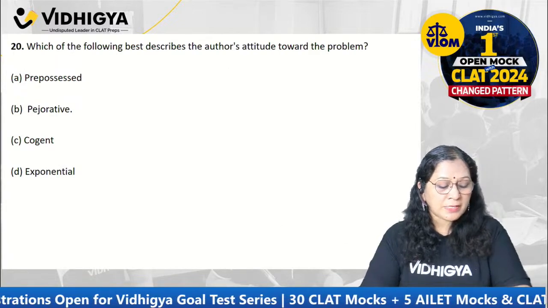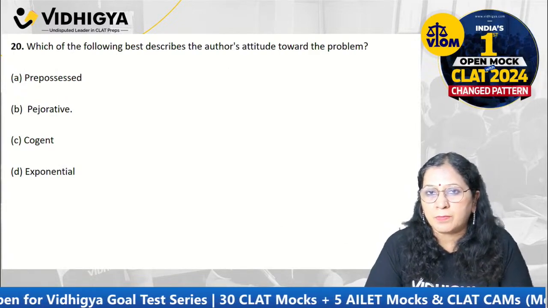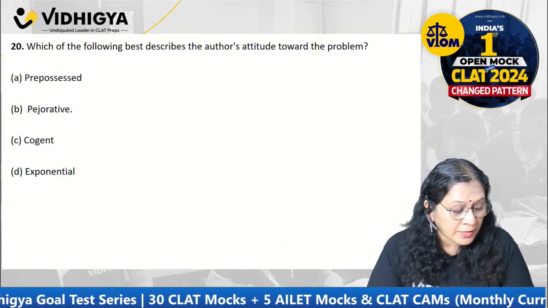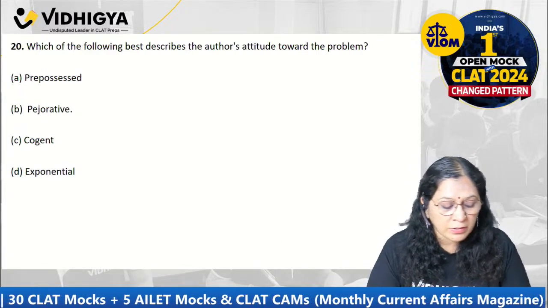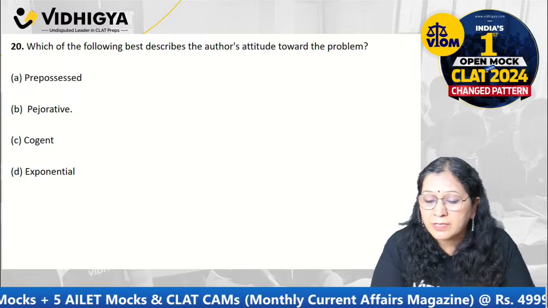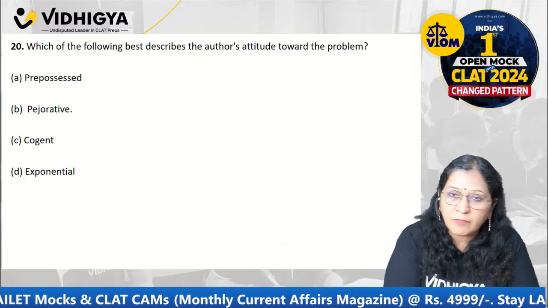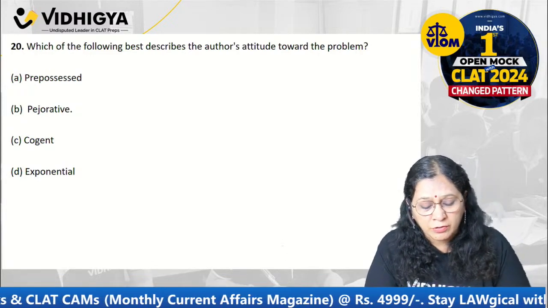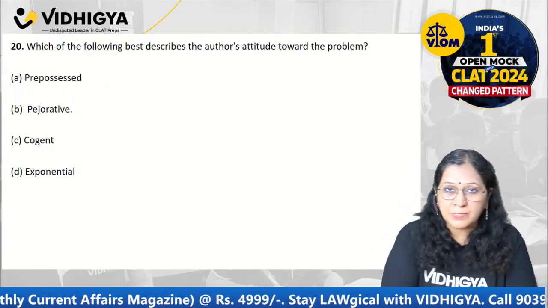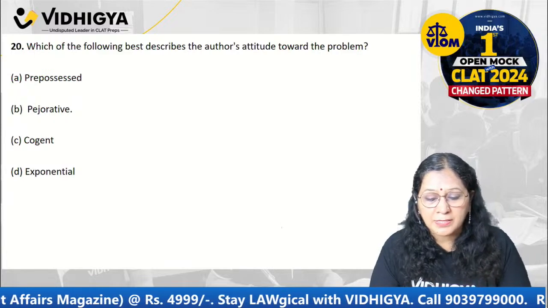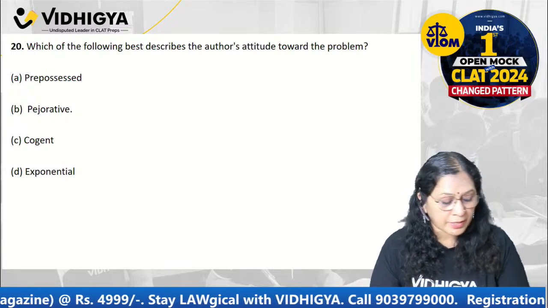Which of the following best describes the author's attitude towards the problem? ठीक है, जैसे हमने किया था टोन कैसा था. ठीक है, not in the previous question, in the previous passage there was the tone. So tone means the feeling or the approach or the attitude of the author. Now, is he pre-possessed about something, कि पहले से उसे मान लिया है, सोच लिया है.